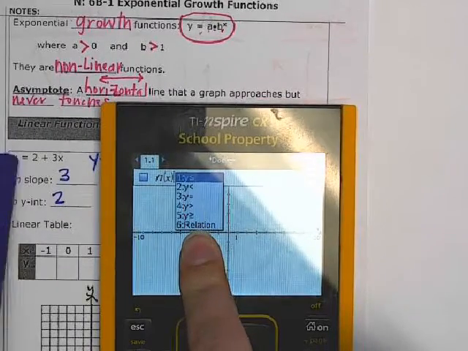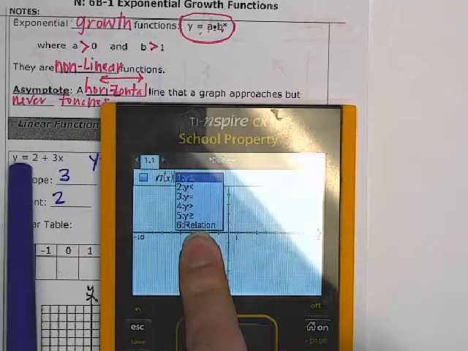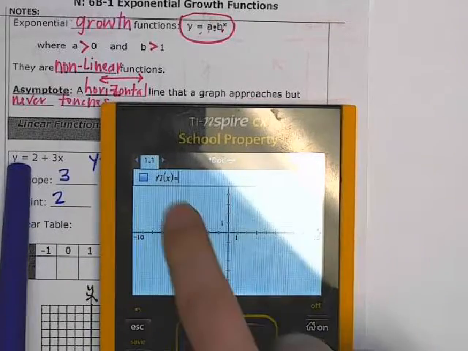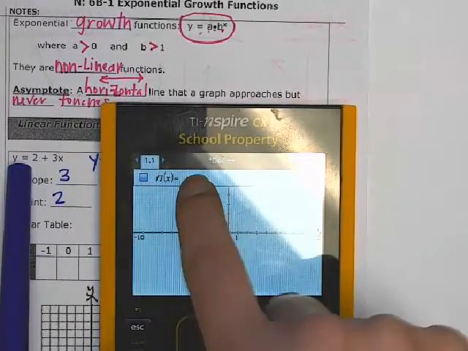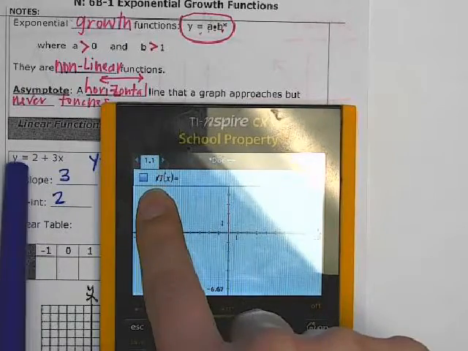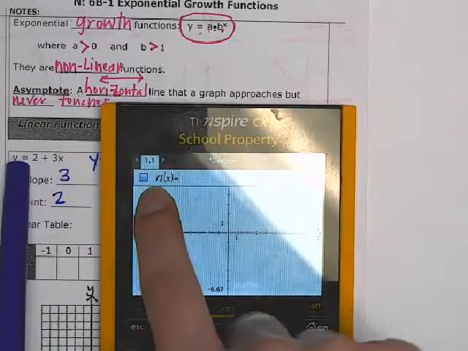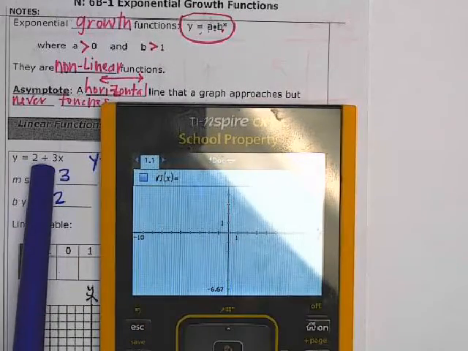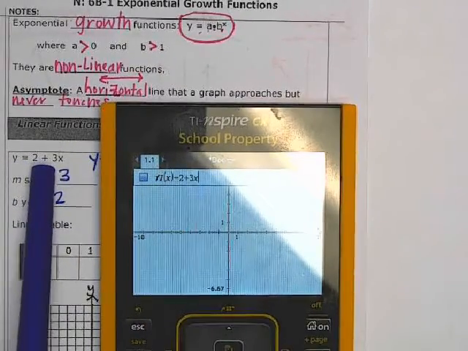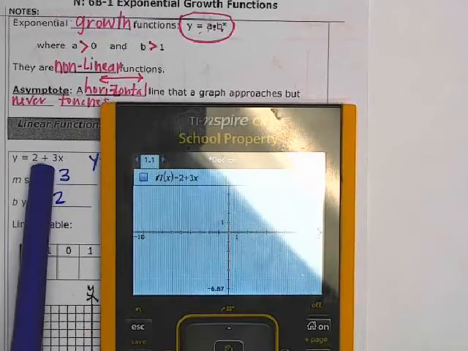Okay? See how this says y equals on the notes? Yeah. Okay? Well, when you open up the calculator every time, it starts as y equals. So because y is by itself on the notes, we don't need to change the calculator. We don't need to go to relation. So all we're going to type is 2 plus 3x. And then graph it.